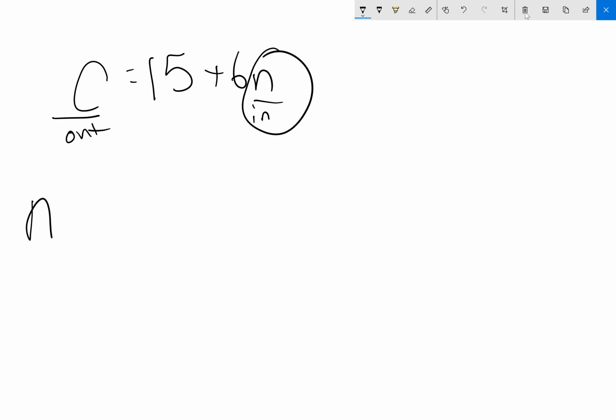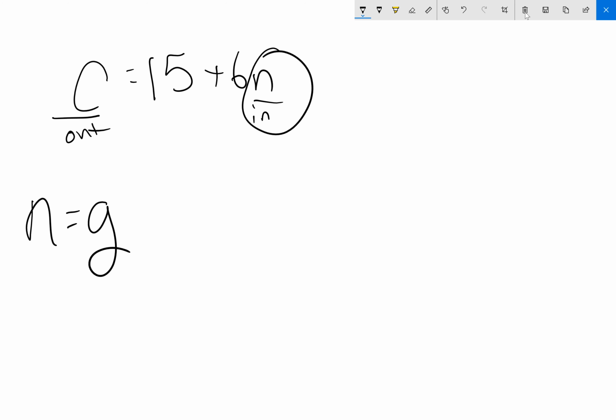Okay, define a function g that determines the number of hours given the total price. So first we had c equals 15 plus 6n, c being the output, n being the input. Now we're trying to find the number of hours, so the number of hours is going to be our new output.